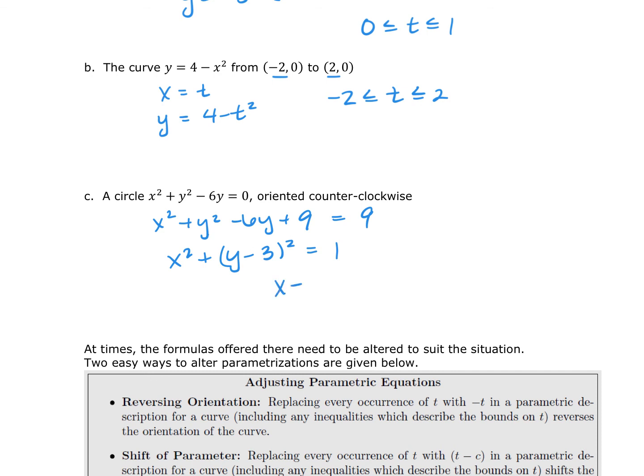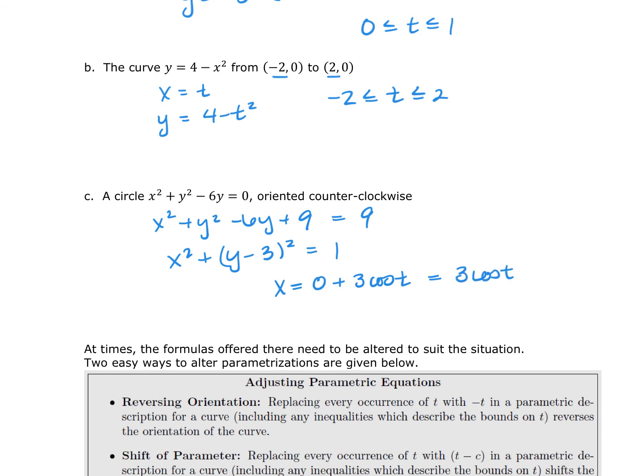And we know that x is equal to my x part of the center, which is 0, plus my radius, which is 3, times the cosine of t. So in other words, it's just 3 cosine t.